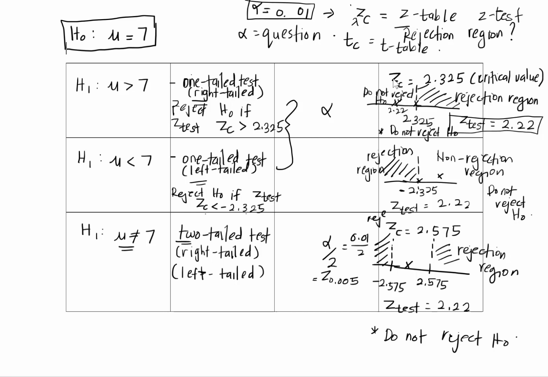Okay, so now I already explained how to make a decision, but I skipped how to calculate the Z test or the T test. Now we will look at the formula of the Z test and the T test.